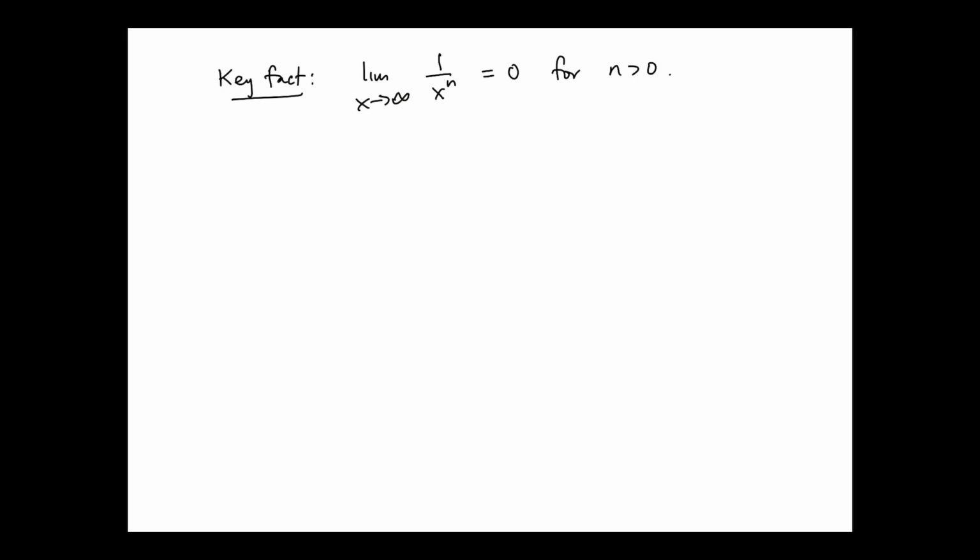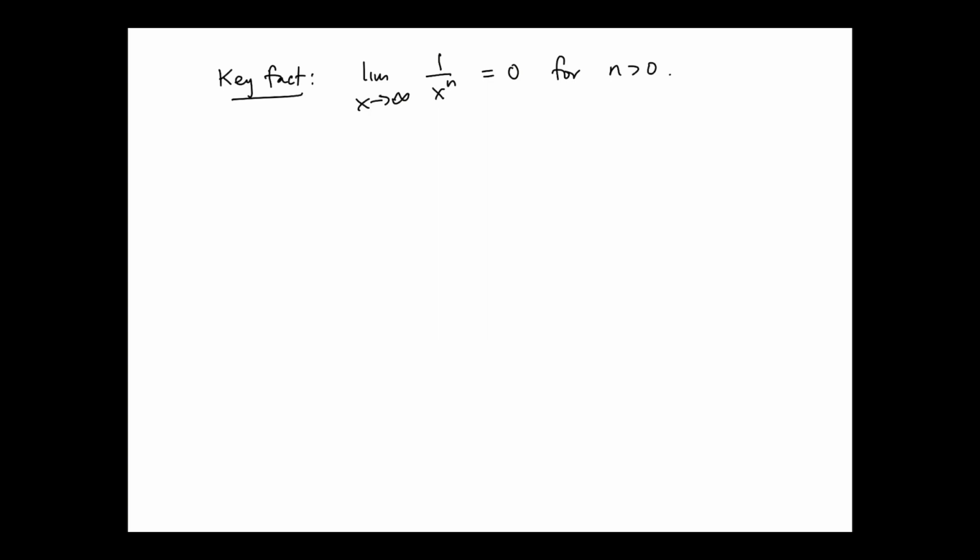Our key fact that's going to make all of this work is this property. If I have a term 1 over x to the n, and the n is positive, that means I don't have a negative exponent that I have to flip up into the numerator. So as long as I've got a genuine fraction, what happens when you start dividing by larger and larger quantities? You get smaller and smaller quantities. So what should we expect? The limit of this process would be 0.